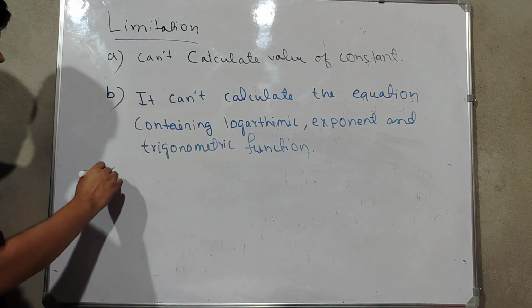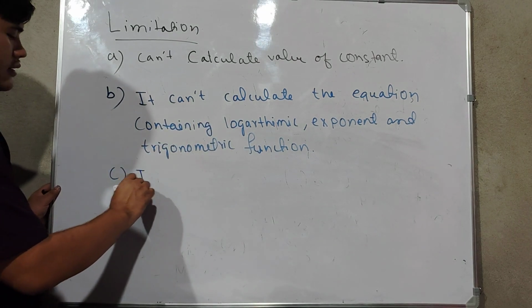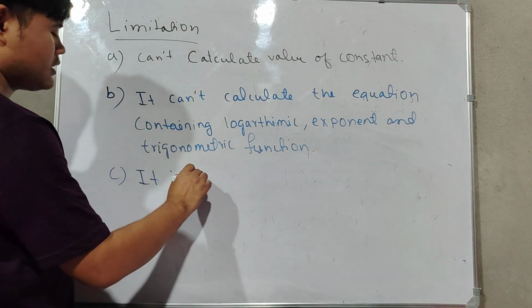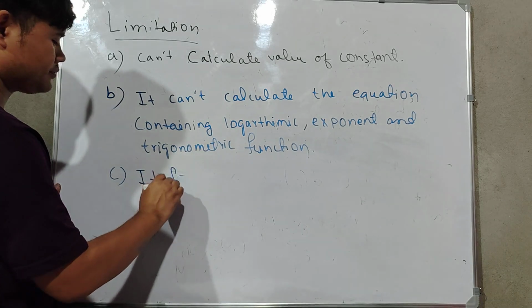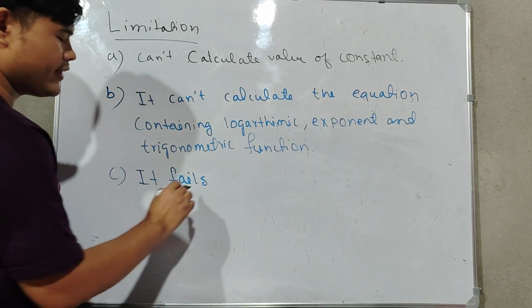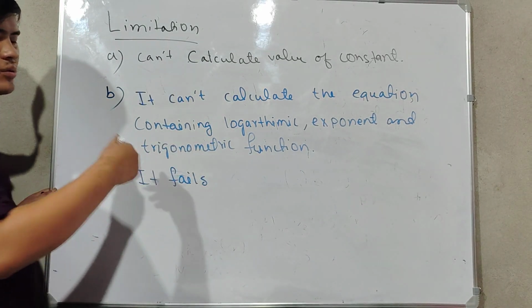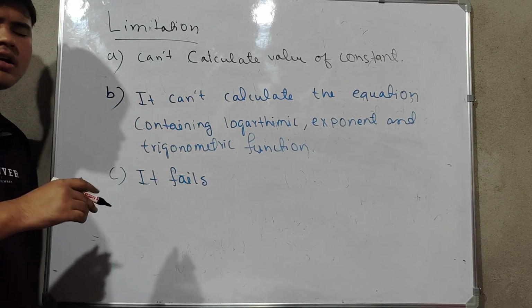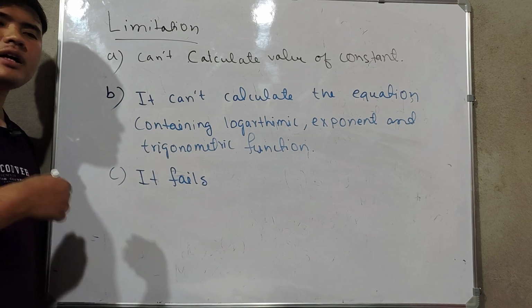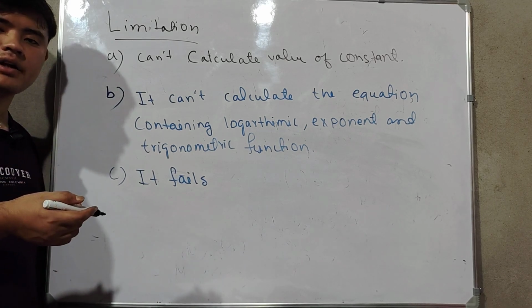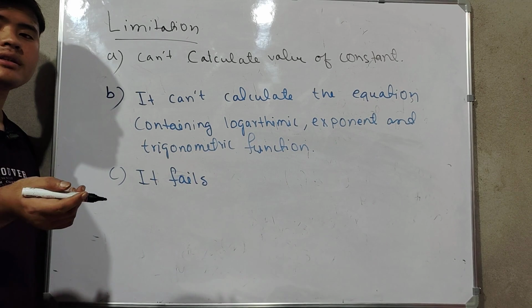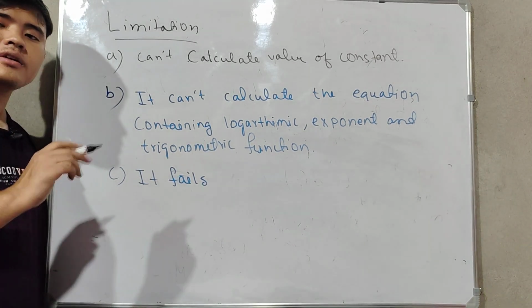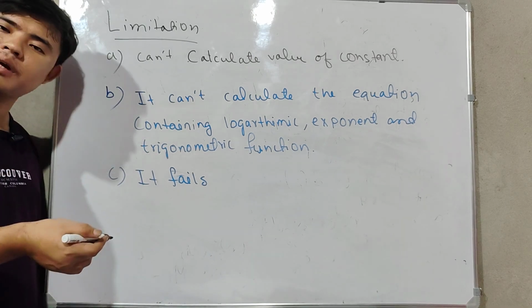Okay, now the third one. It fails, so now these formulas will also fail. By this method we cannot find the terms that are added or subtracted. In formulas like v is equal to u plus at, with u there is addition of at also.